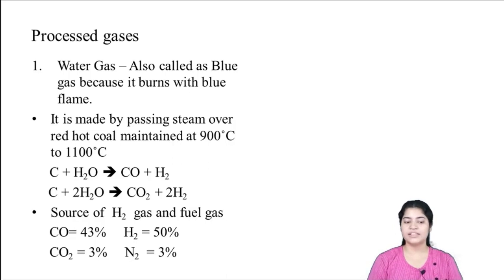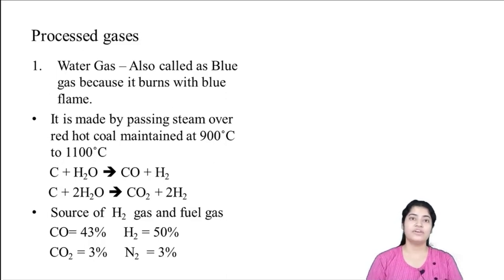So I can say this water gas is my source of H2 gas, and it is also used as fuel gas. The CO2 percentage is 3%. What does it show? That in this reaction mainly partial oxidation takes place. Fuel gas means we can use this gas as a fuel.